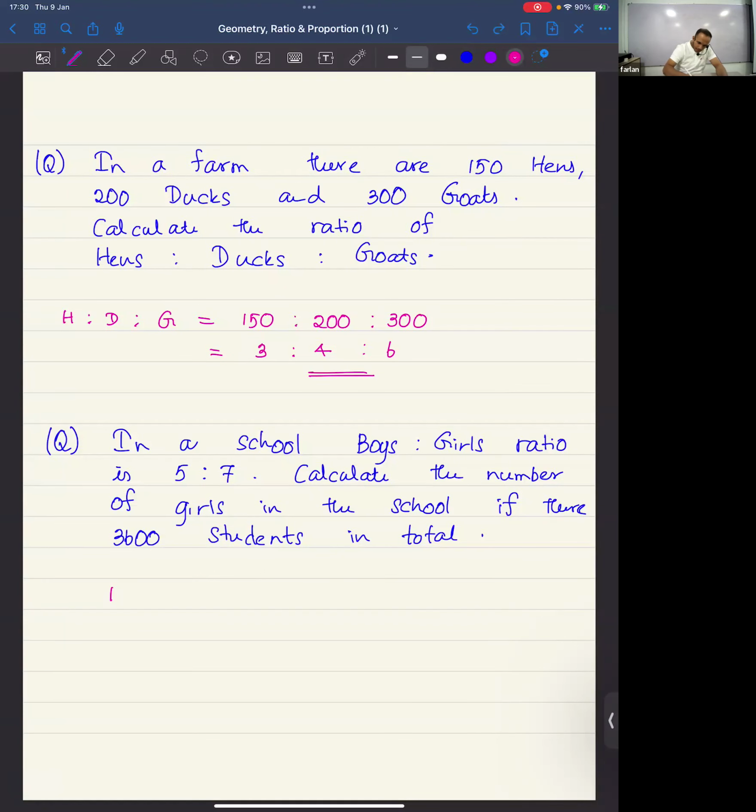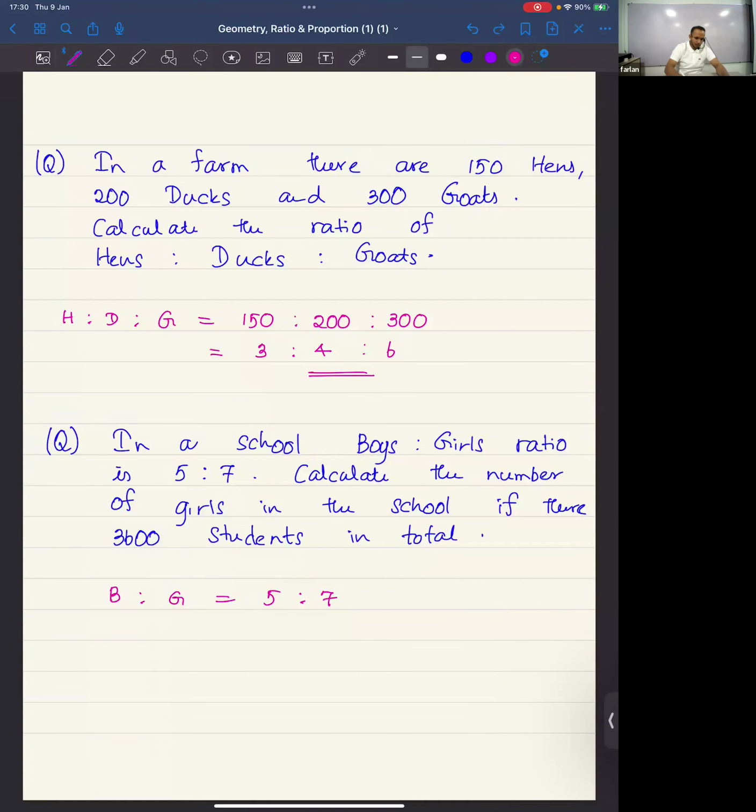Right, guys, look at this thing. Boys to girls ratio in this school is 5 is to 7. Stop your work and look at this. And there are 3,600 students in total. That means 5 is to 7 ratio means in the school, if there are 5 portions of boys, there are 7 portions of girls.